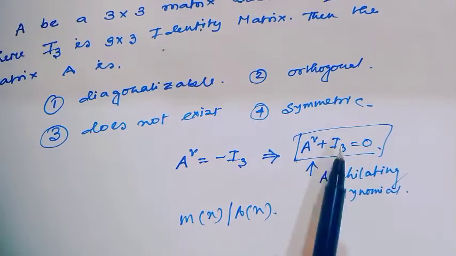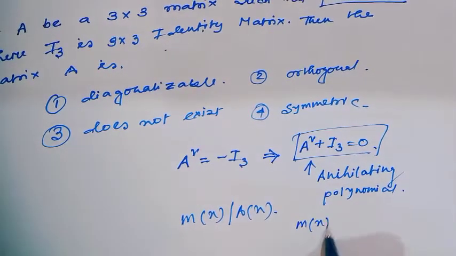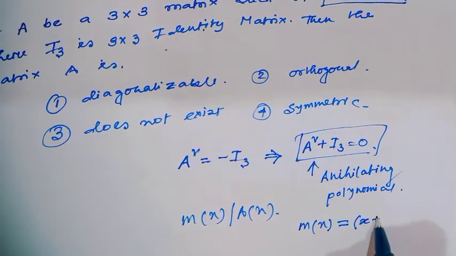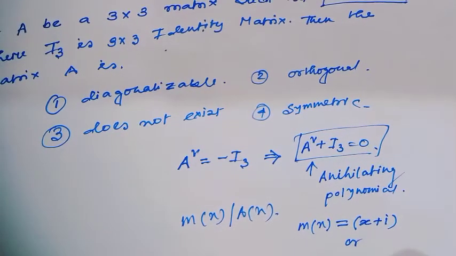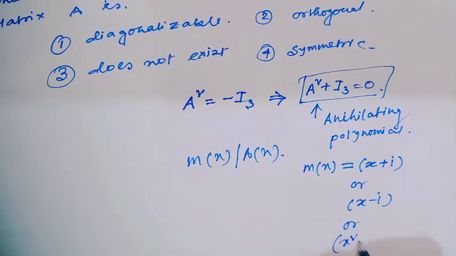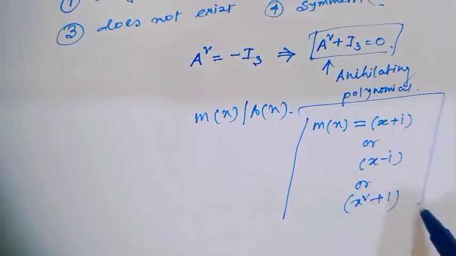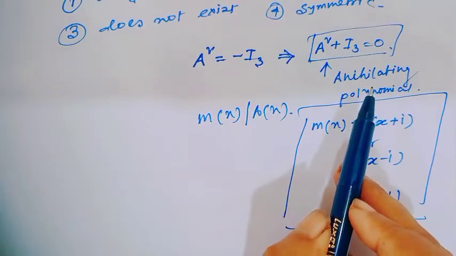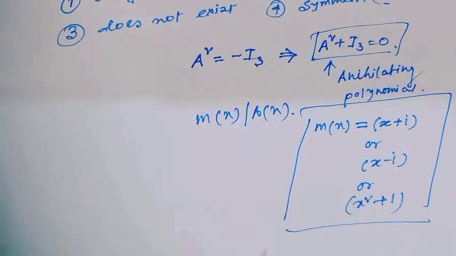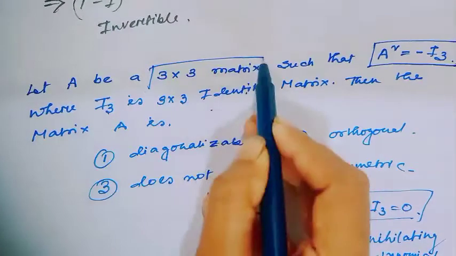That means, if this is the annihilating polynomial, the minimal polynomial can be x plus 1, or x minus 1, or x square plus 1. This is the possibility of the minimal polynomial. And all of us know the root of the minimal polynomial is always a root of the characteristic polynomial. Notice, the question says A is a 3 cross 3 matrix.